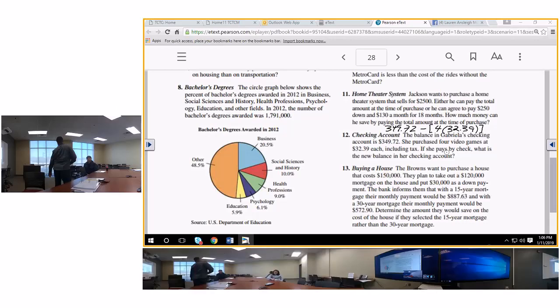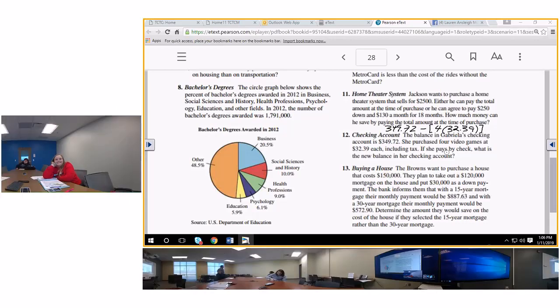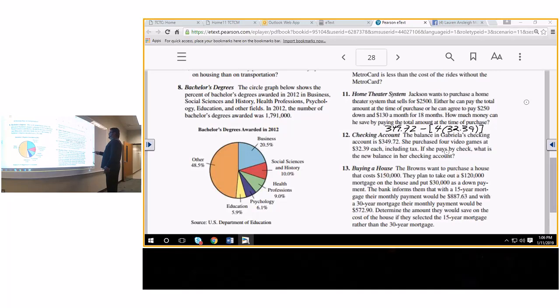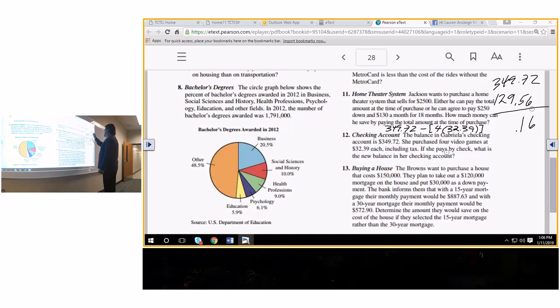I got, so, a phone bill coming out. Let's see. 4 times 9, that'd be a 36. 4 times 3, that'd be 12, plus 3 is 15. 1, be 9. And 129, somebody check me. 349.72 minus 129.56.